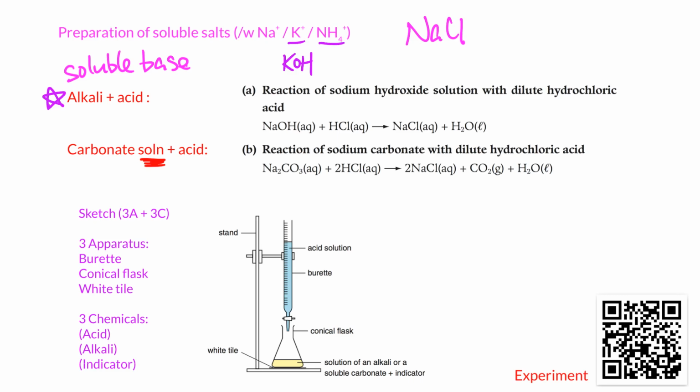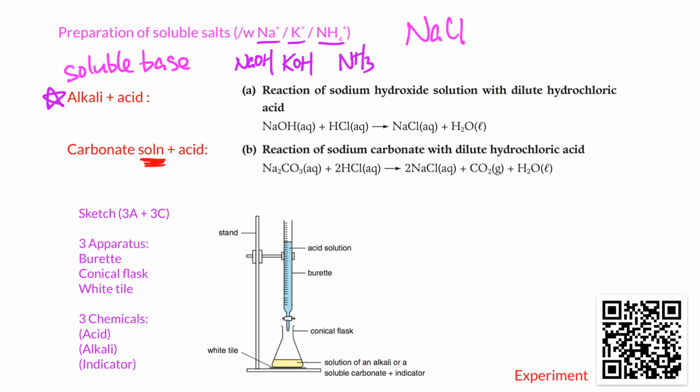For ammonium, you use NH3. For Na, you use NaOH. That is more preferable, because with carbonates you may mix up some carbonate, say magnesium carbonate, which is insoluble. It is easy to get wrong and write a wrong equation. So I highly recommend that when you talk about titrations, you mix alkali and acid together.